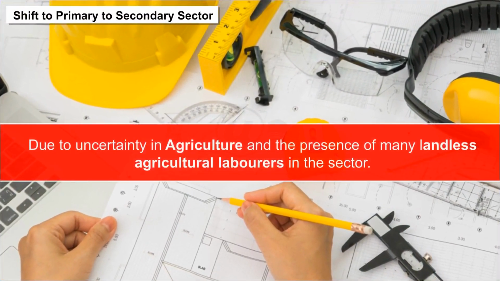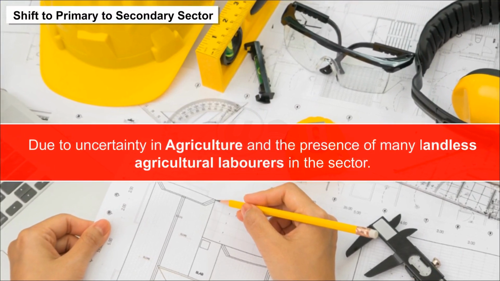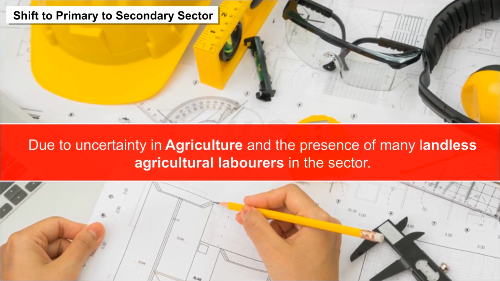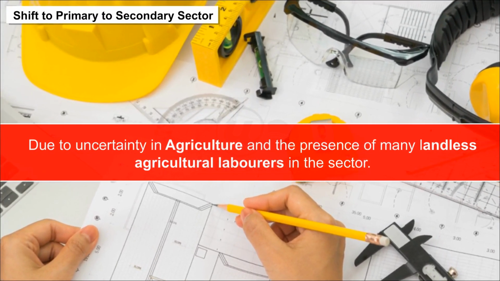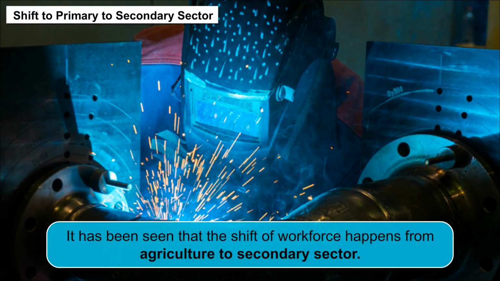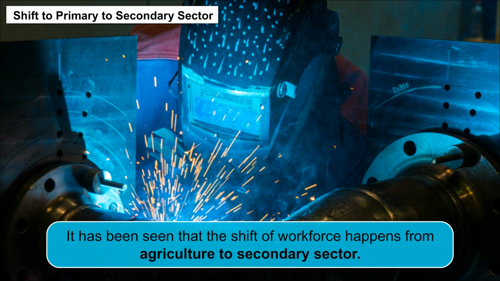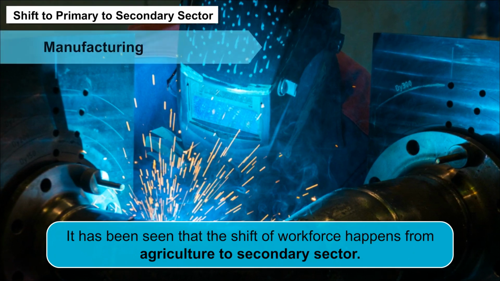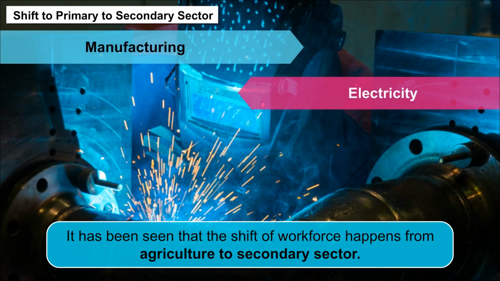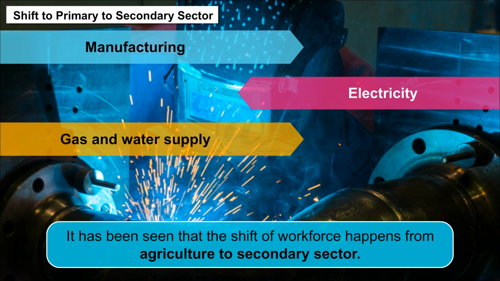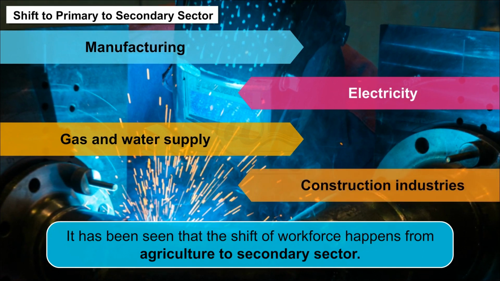Shift from primary to secondary sector. Due to uncertainty in agriculture and the presence of many landless agricultural laborers in the sector, it has been seen that the shift of workforce happens from agriculture to the secondary sector, like manufacturing, electricity, gas and water supply, and construction industries.